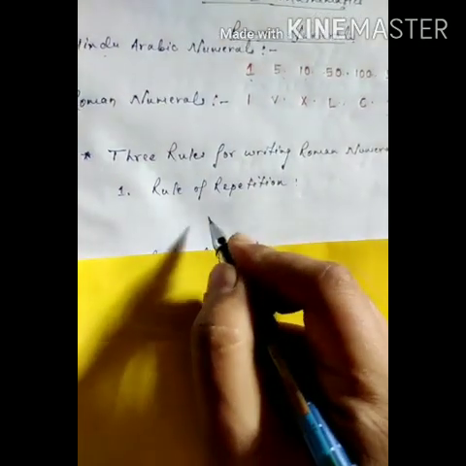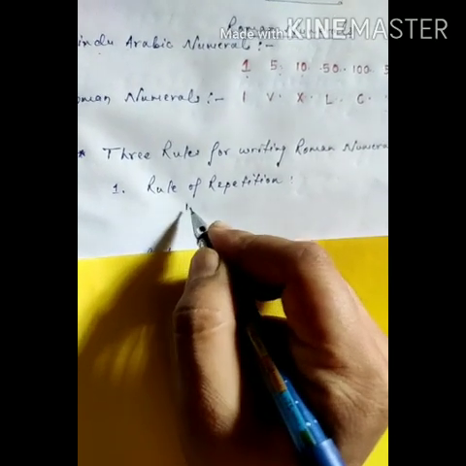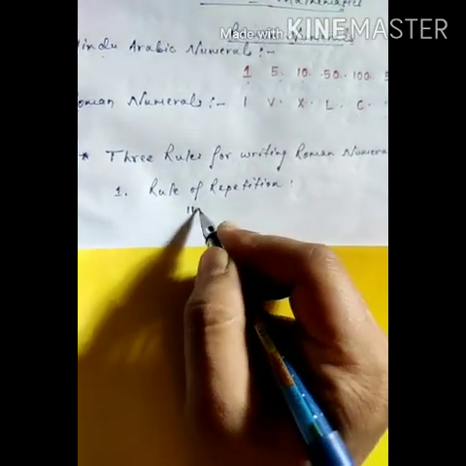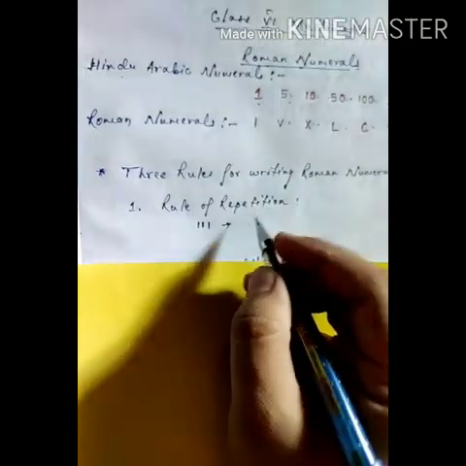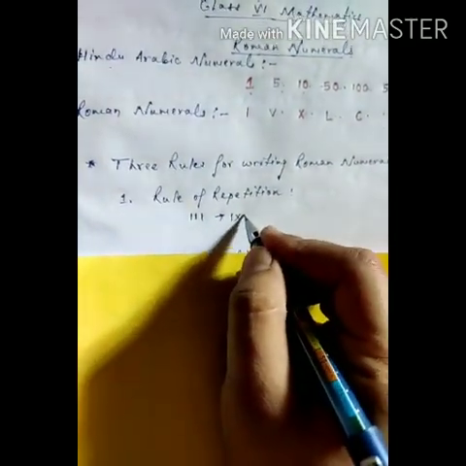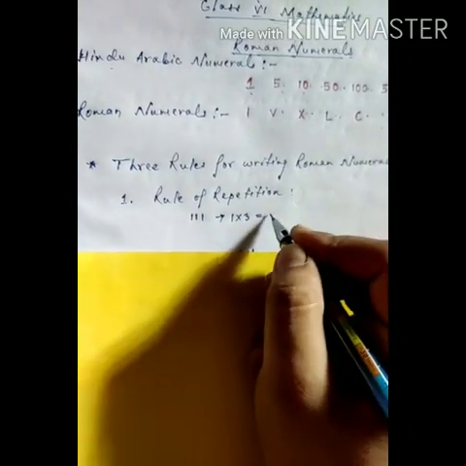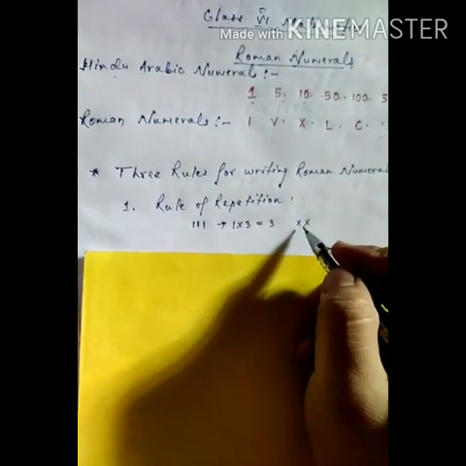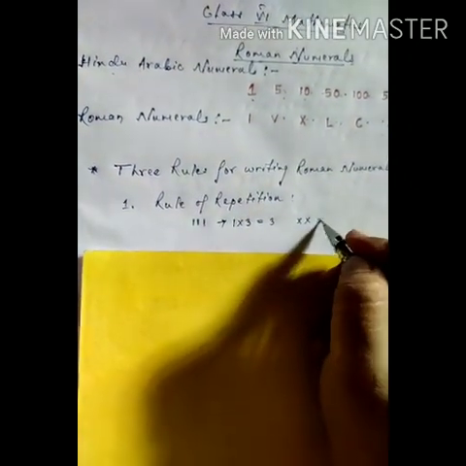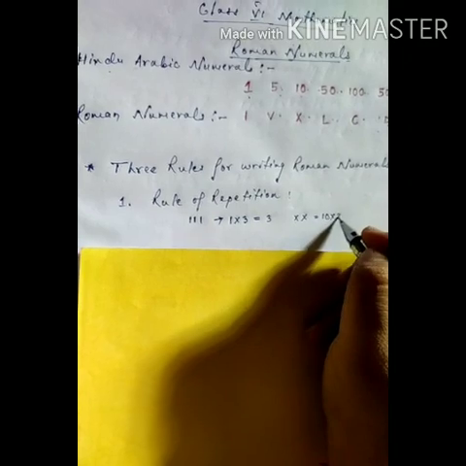For example, if I write I 3 times, I represents 1, so 1 multiplied by 3 equals 3. If I write X, which means 10, and X 2 times means 10 multiplied by 2, that equals 20.